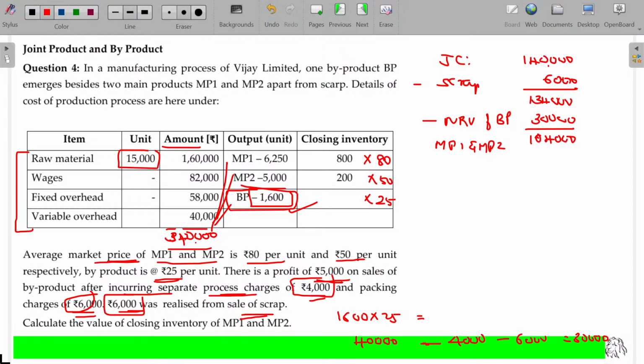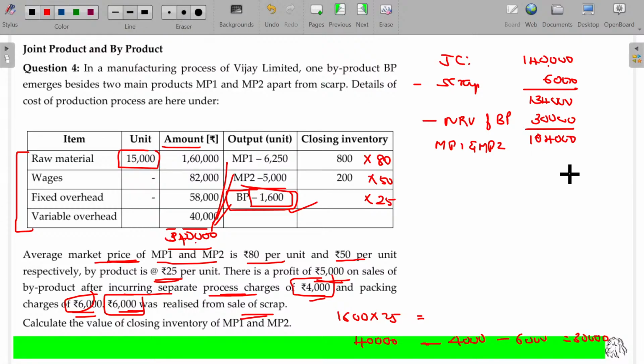Whatever the capacity it has, that amount can be subtracted from your total cost. So what is the capacity of this one? 1,600 can be saleable at 25, though 40,000 is recoverable, but we need to spend another 10,000 rupees to move it out. So ultimately, we will get only 30,000 rupees. That 30,000 is subtracted. So 1 lakh 4,000 is the ultimate cost for the products MP1 and MP2.